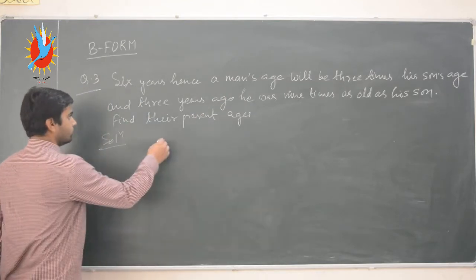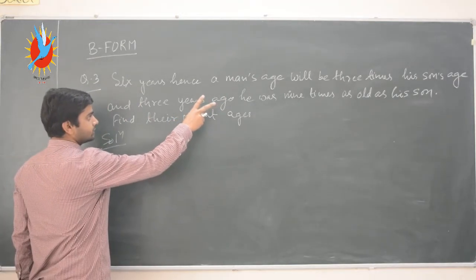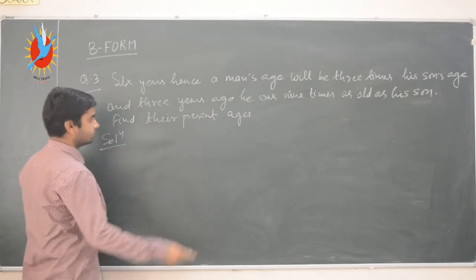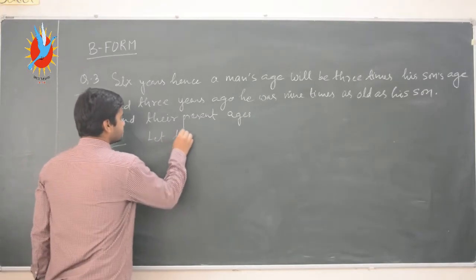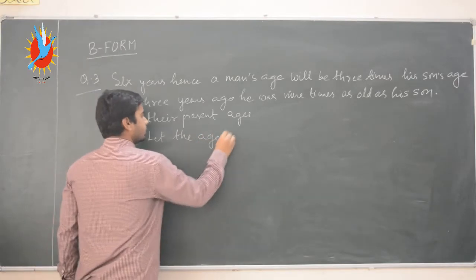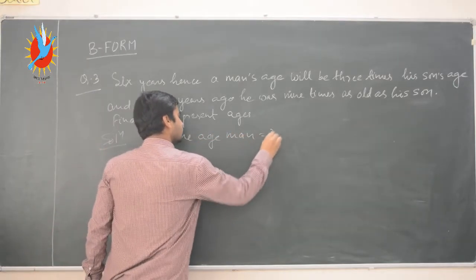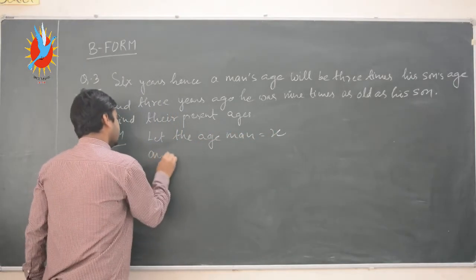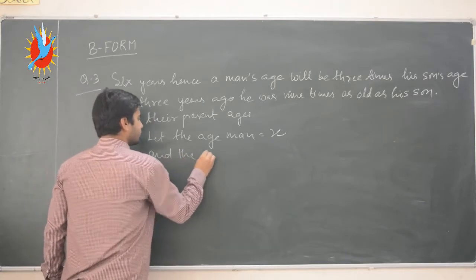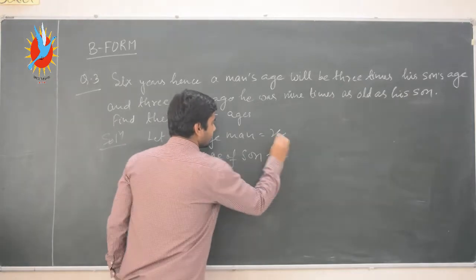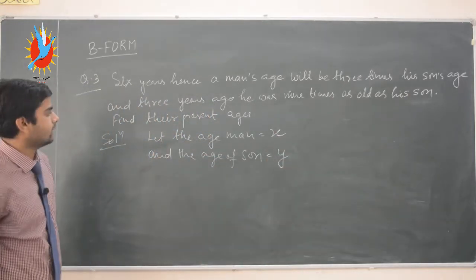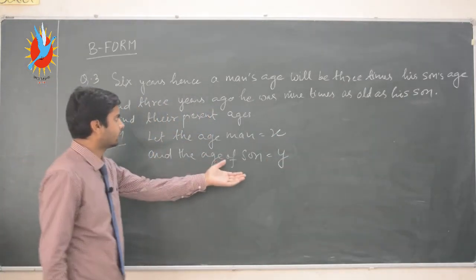We have to tell the age of the man and the age of the son. So first assume these two ages as variables x and y. Let the age of the man be x and the age of the son be y.